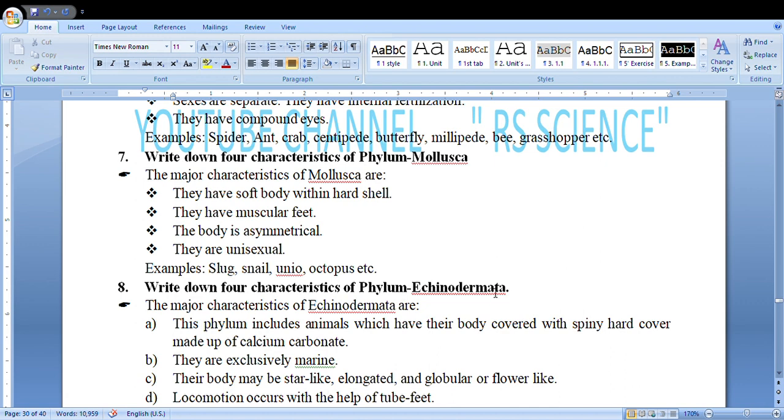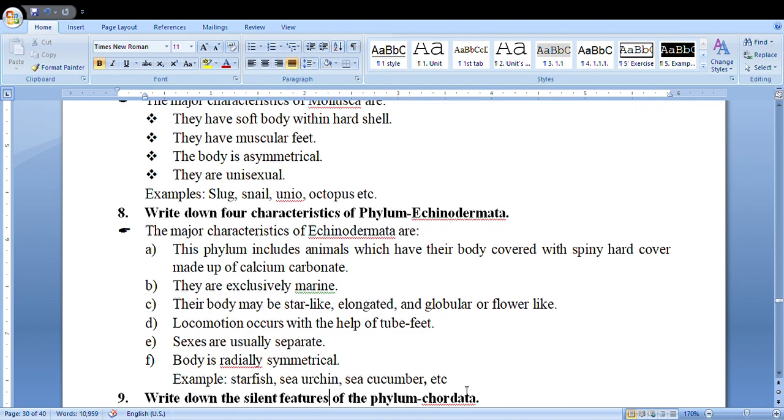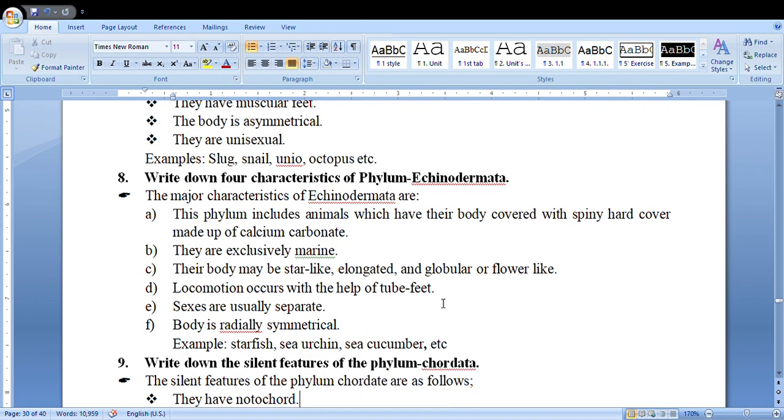Four characteristics of Echinodermata. Echinodermata animals have spiny body and that body is covered with calcium carbonate. They are exclusively marine. Their body may be star-like, elongated, globular or flower-like. Locomotion takes place with the help of tube feet.